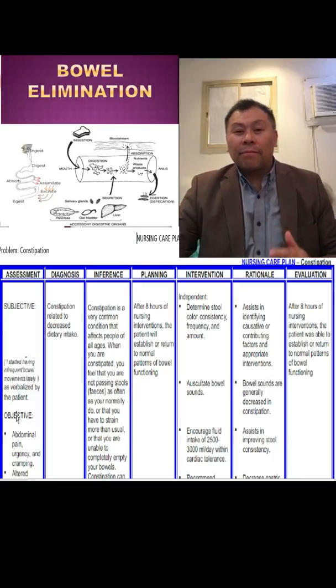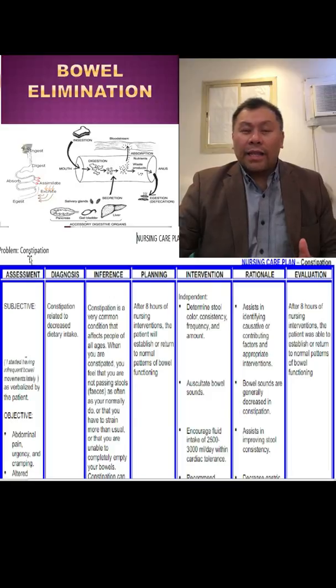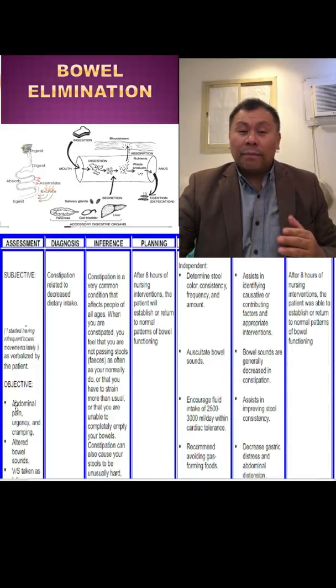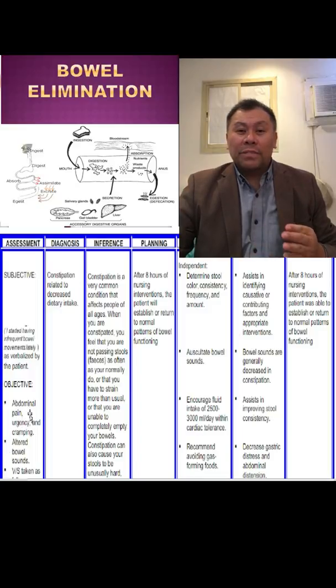Basically, patients suffering from constipation are going to complain subjectively. They will say, I am not moving my bowel even once a day for 2 or 3 days now. I suffered from constipation.